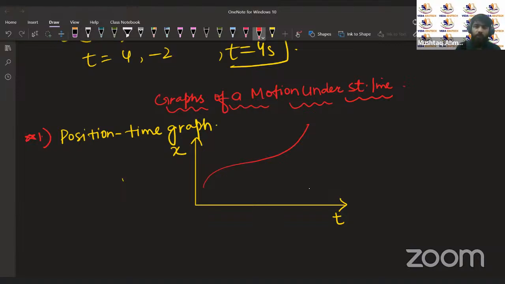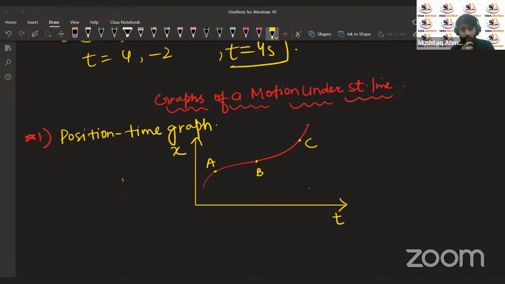If we calculate the slope of this particle, suppose this is the point A, this is the point B, this is the point C. We know that the tangent to the curve at some point has some slope, and the slope of that tangent is calculated using the derivative at that point.